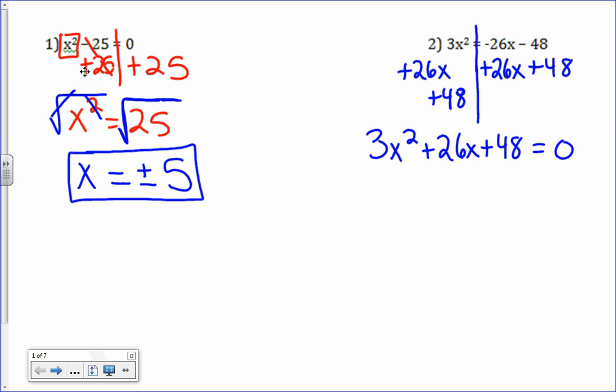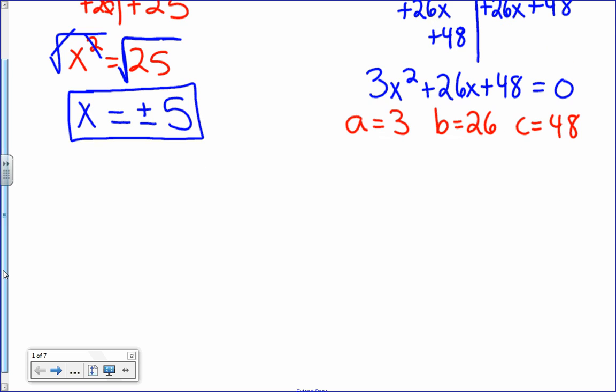From here, I'm going to label A, B, and C. A is 3, B is positive 26, and C is 48. Now, once you label A, B, and C, you want to put those items into your quadratic formula. So my quadratic formula is x equals opposite b.